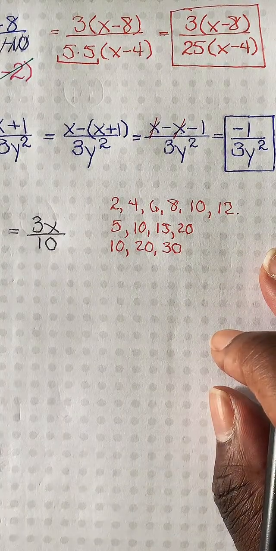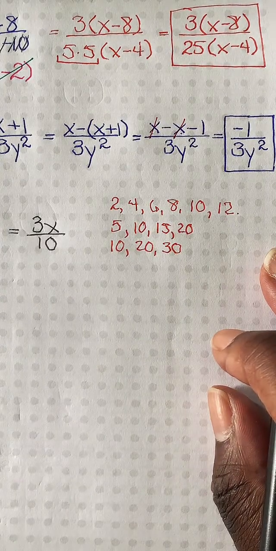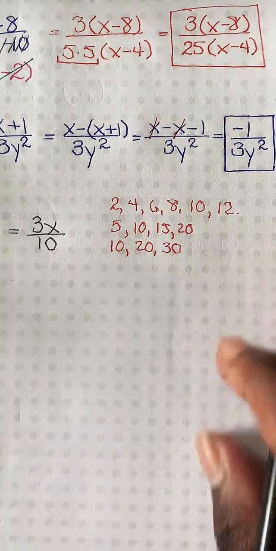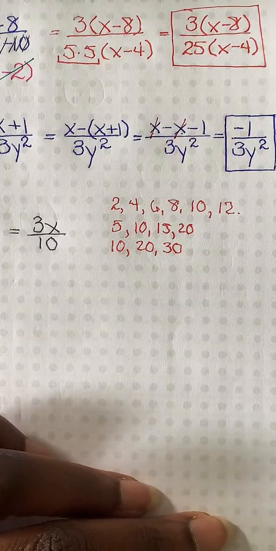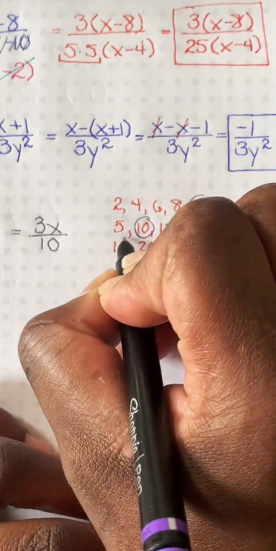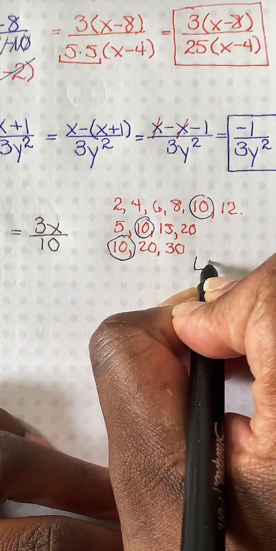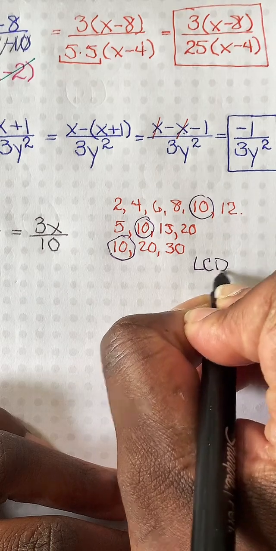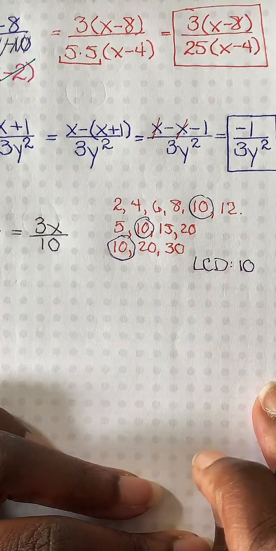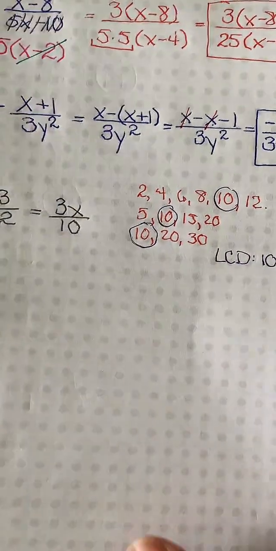LaSheila is saying 10. Good, 10. So keep that in mind. That means my least common denominator will be 10. Now we're going back.